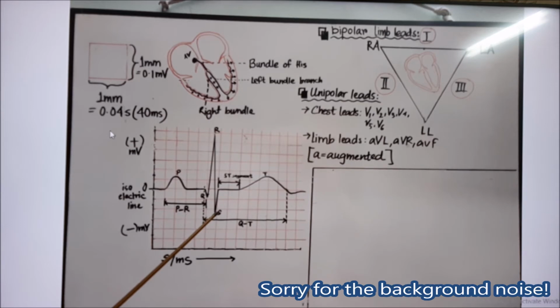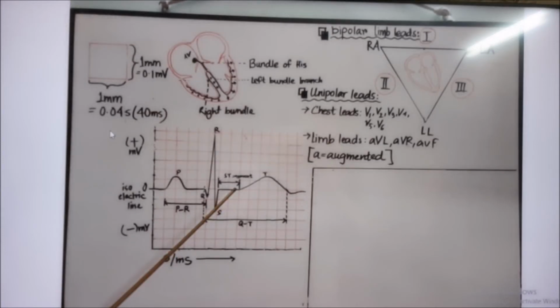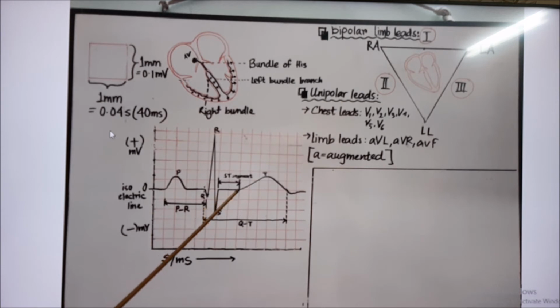The depth of the S wave is 1/3 of the R wave. Then that S wave again comes to the isoelectric line. Then it goes some distance along the isoelectric line. How much distance? 2 millimeters, or the duration is 0.08 second.